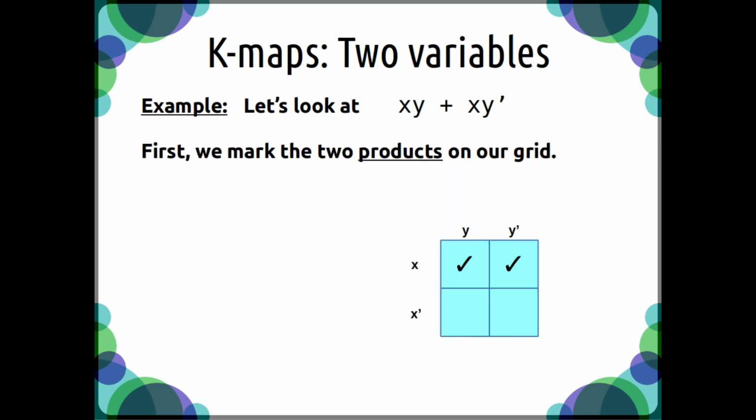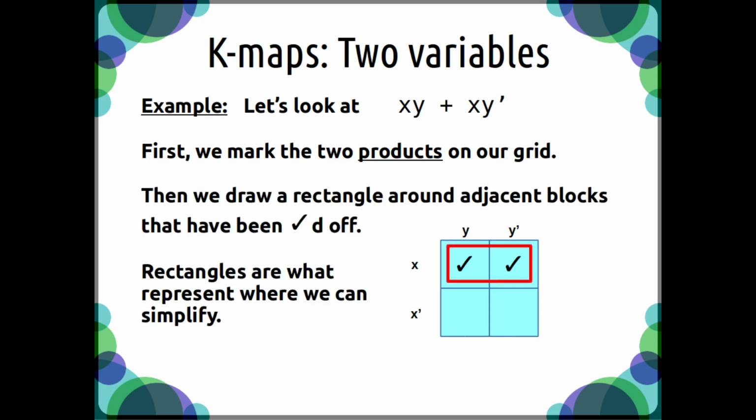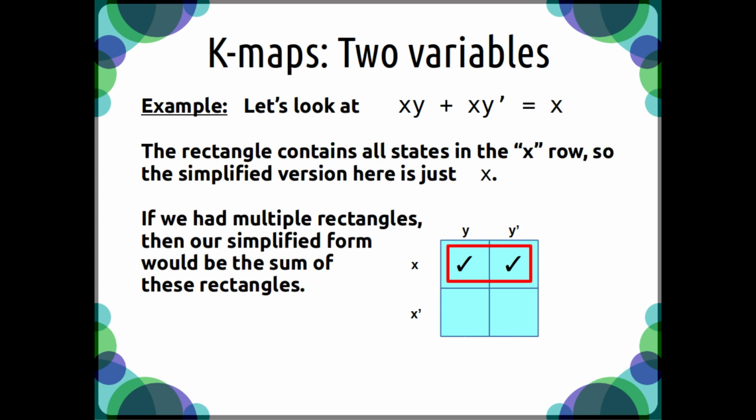So first, we build the grid, and we mark the two products on our grid with check marks. Once we have our check marks on the grid, we can rectangle off adjacent blocks, and we can use this to simplify. Here, our rectangle contains all states in the x row, so the simplified version here is just x.